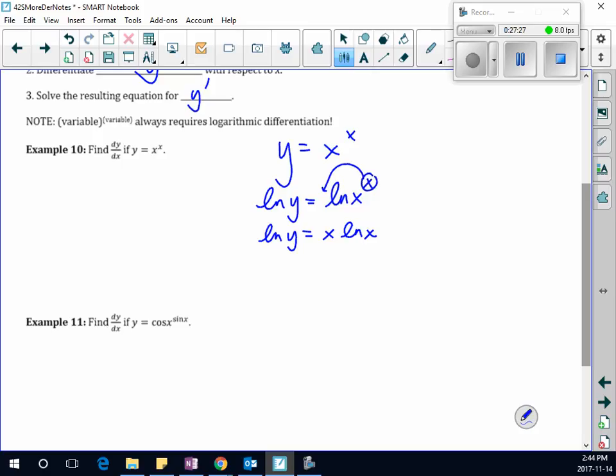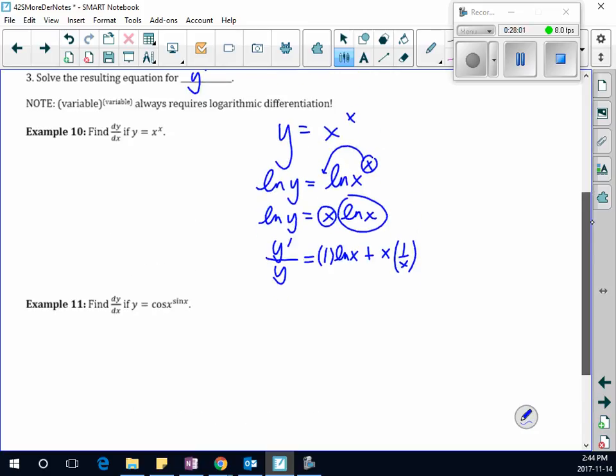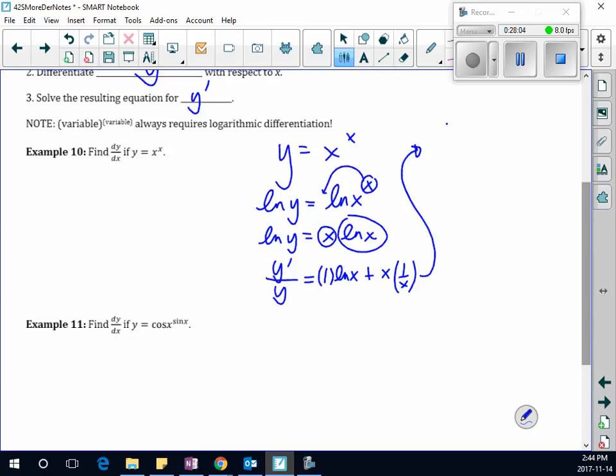It's 1 over y and then y prime. So it's going to be y prime over y equals. Now, does everybody see on the right-hand side, this is now a product? So I'm going to just circle the products. So 1 ln x, I'll put brackets, plus x times 1 over x, which is x over x, which is 1. I'm running out of room here. So I'm going to get y prime over y equals ln x plus 1.